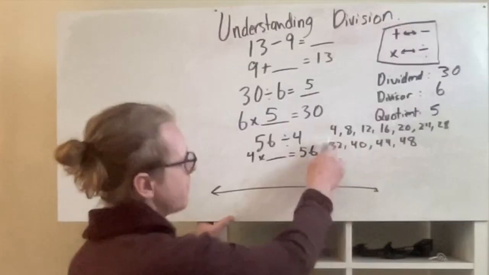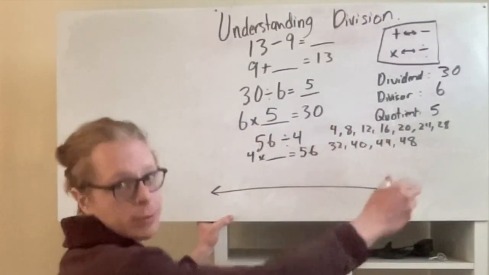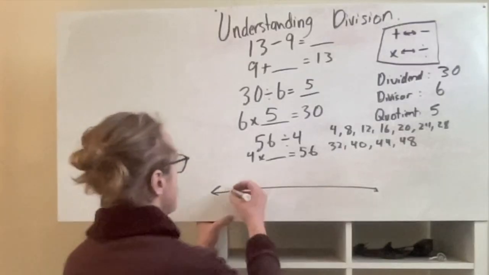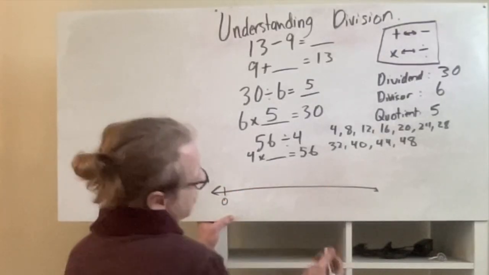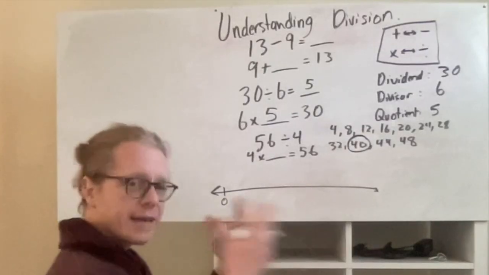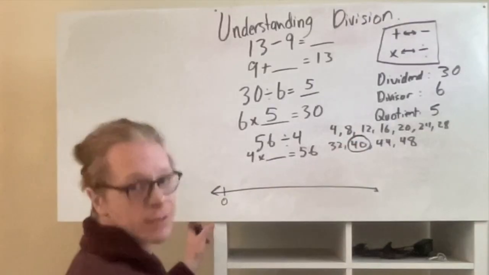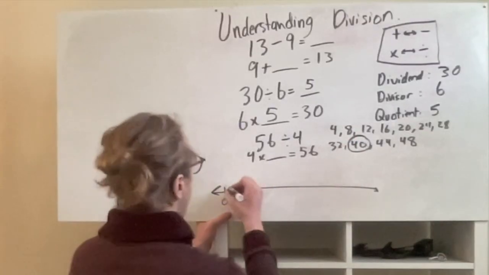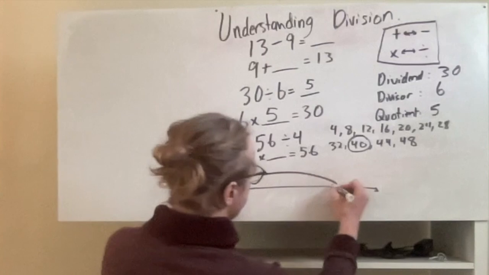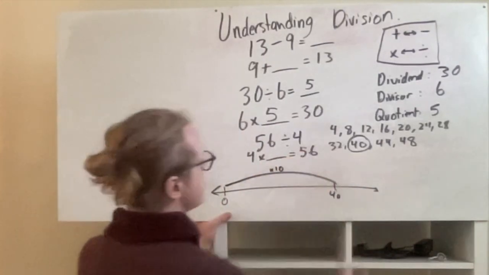And instead of counting 1 four at a time, if we know our times tables, we can jump, okay, to larger multiples. So let's go ahead and just jump to our times 10, because even if we don't completely have our times tables memorized, right, like I said before, the times 10 should be one of the ones that we learn first. So I'm going to jump all the way to 40, okay, and that was times 10.